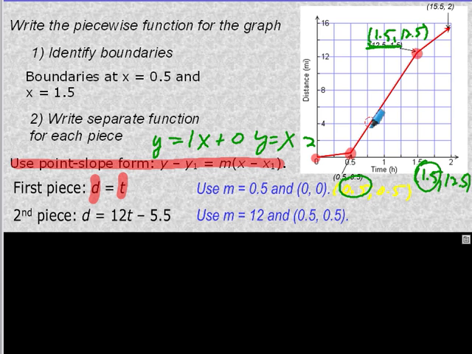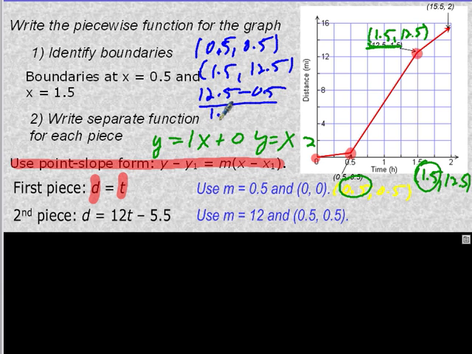So if we have 0.5, 0.5, and 1.5, 12.5, and we use the slope formula, we're going to have 12.5 minus 0.5 over 1.5 minus 0.5, which gives us a slope of 12 over 1, which is 12.